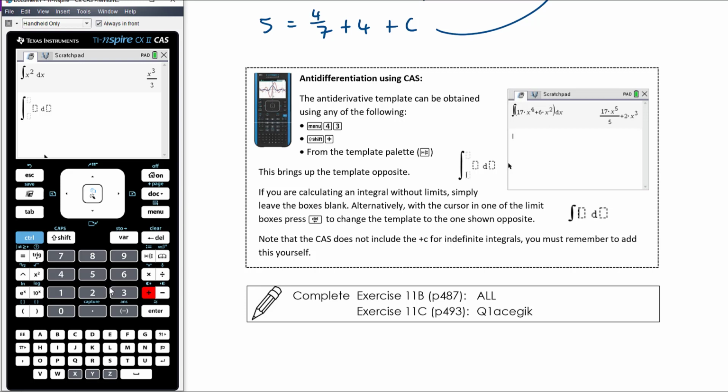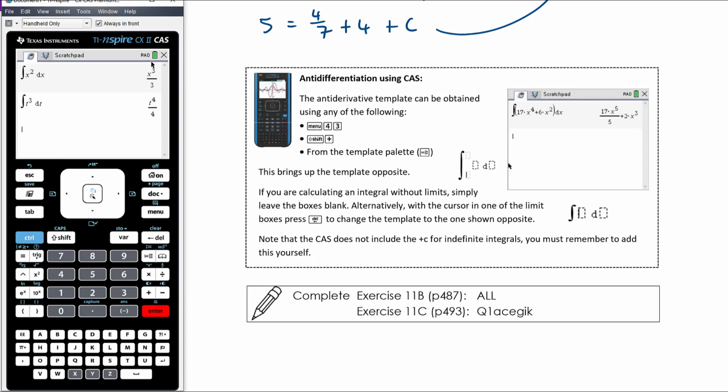When you've just opened up this template and you've got the limit boxes, if you don't need those, which we don't yet, when your cursor is in one of those boxes, if you just press delete, it'll get rid of the limits, and then you can just enter your expression in. But really, you don't need to bother getting rid of them, you just ignore them. So let's say we did t cubed, we wouldn't want to be differentiating with respect to x, it would be with respect to t, and so then we get our antiderivative.